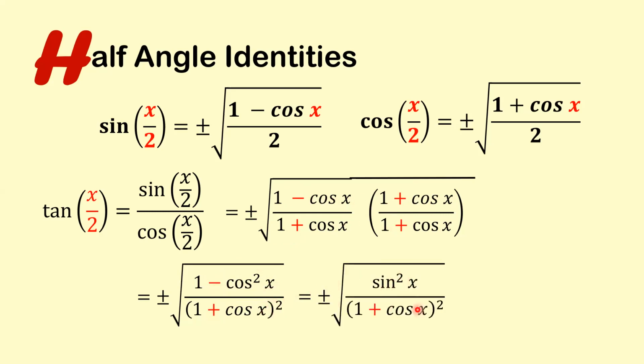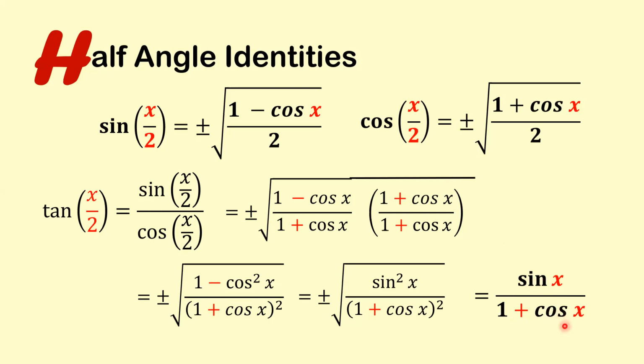Sa baba, naka-square. Okay? Hinayaan lang natin in squared form kasi tatanggalin natin siya sa radical. So, square root of this quotient magiging sine x all over 1 plus cosine x. Dito, pag sine yung nasa taas, 1 plus yung nasa baba. Pag yung sine ay nasa baba, 1 minus yung nasa taas niya.